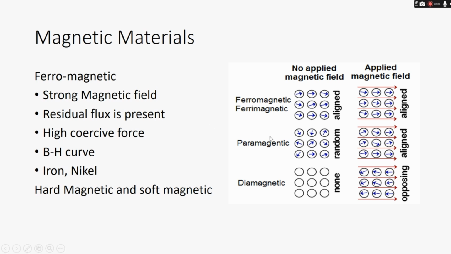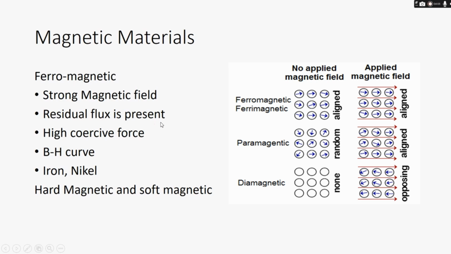Here you can see paramagnetic material: they are in random directions, and upon applying the magnetic field they align in the same direction. Then diamagnetic: there is no alignment, but when a magnetic field is applied they show the opposite of it.